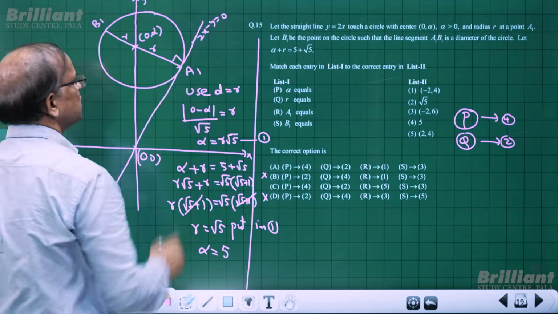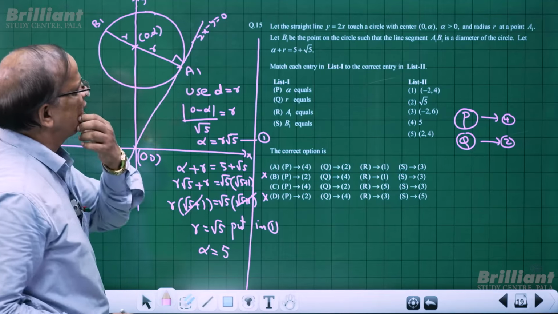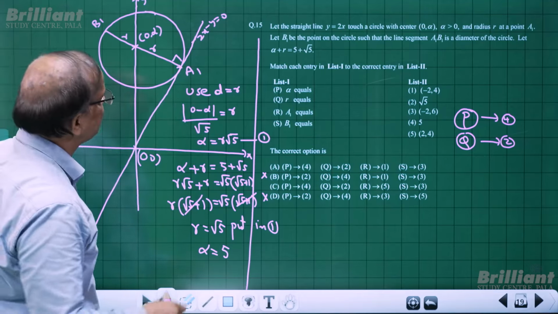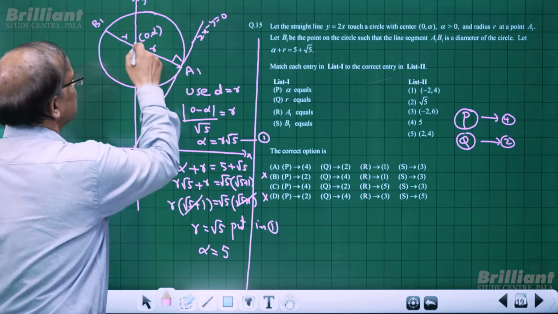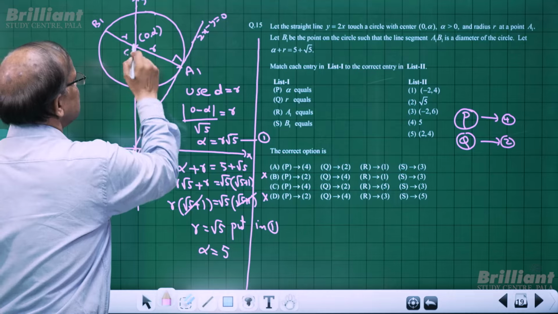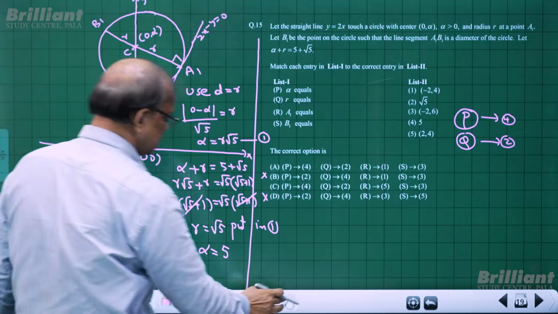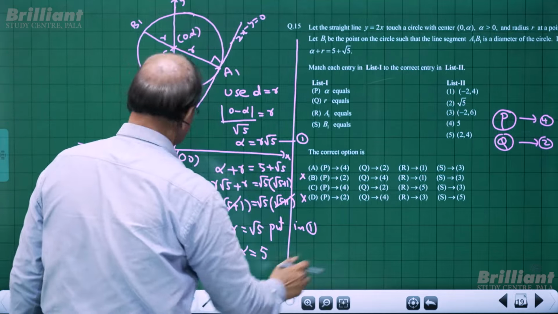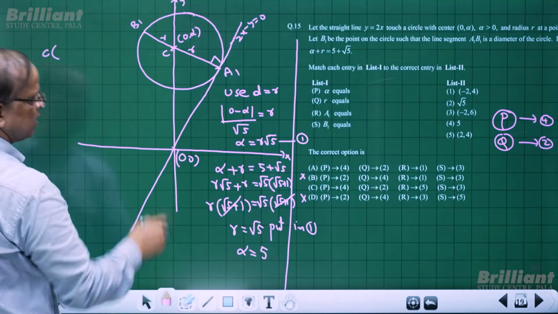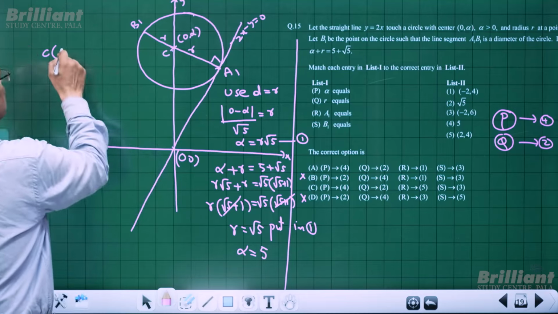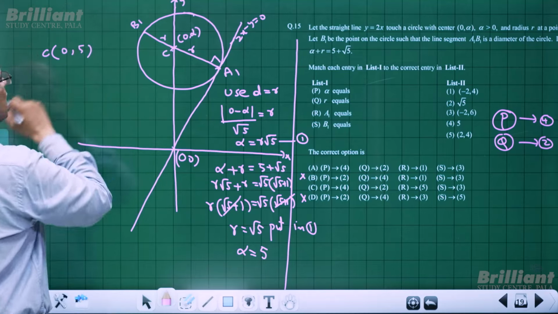See, A1 is the foot of perpendicular. What is this point? This is the center C. If you take C center, what is that? C is 0 comma 5.